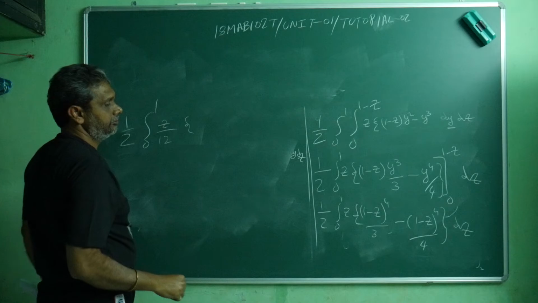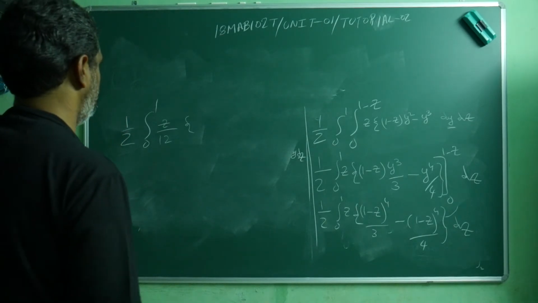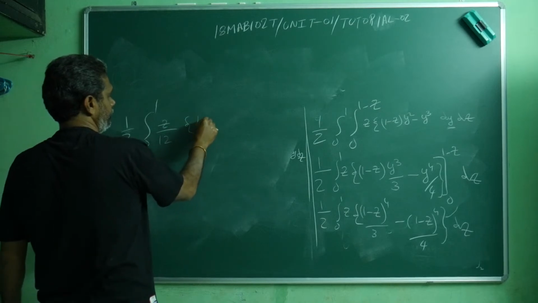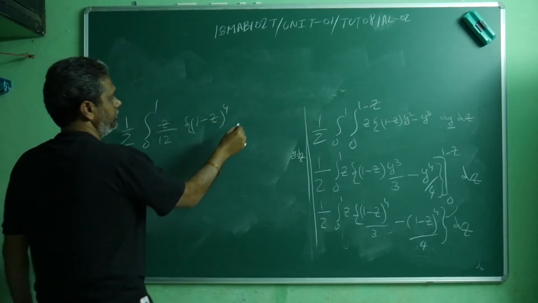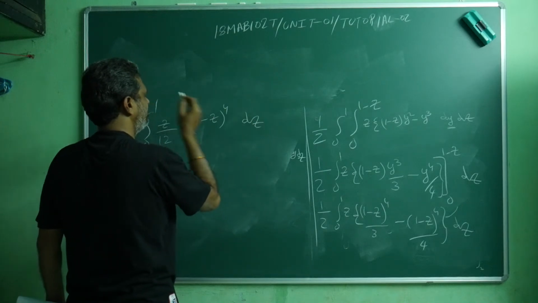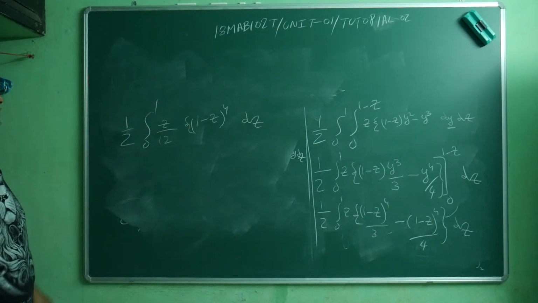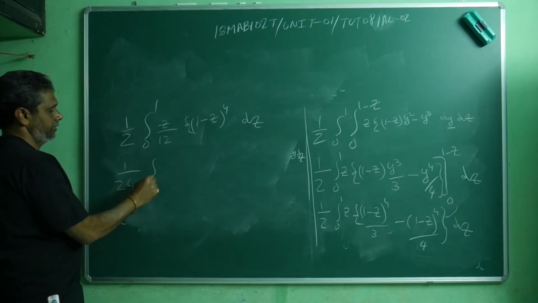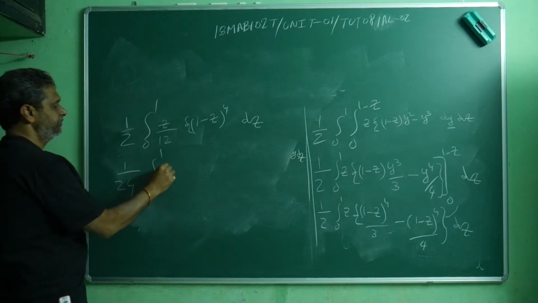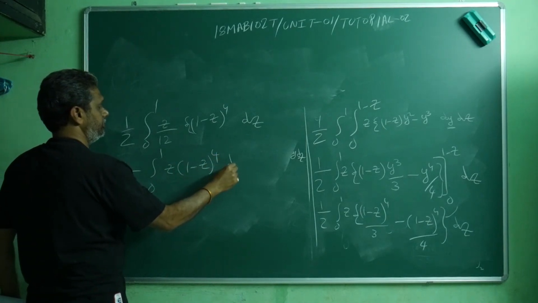This is what? 4 into 1 minus z whole power 4 minus 3 means what again? Whole power 4 dz. Same story. You can apply the property: zero to 1 z into 1 minus z whole power 4 dz.